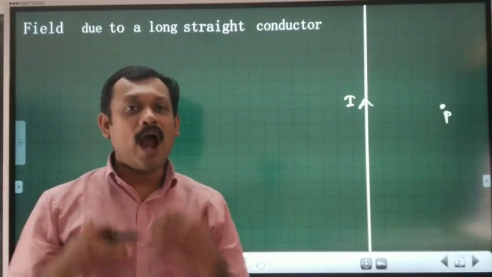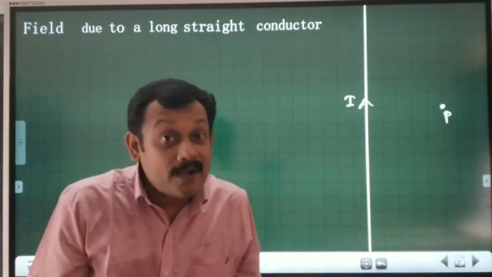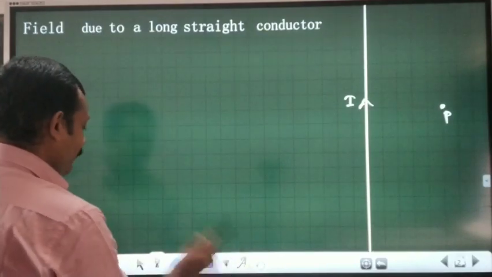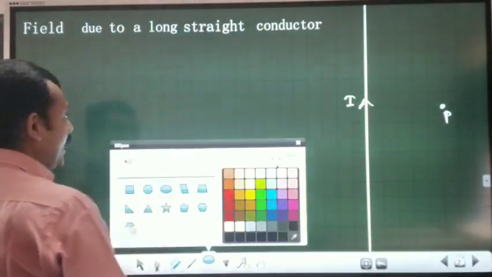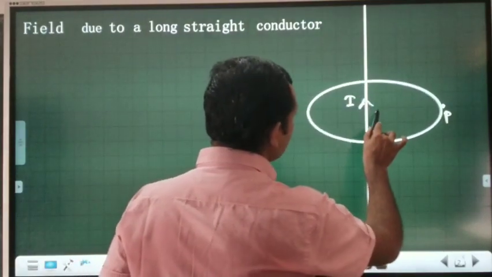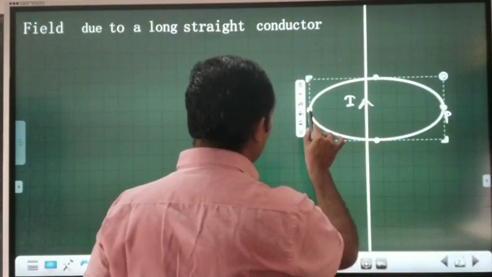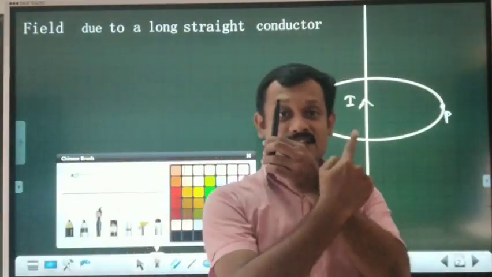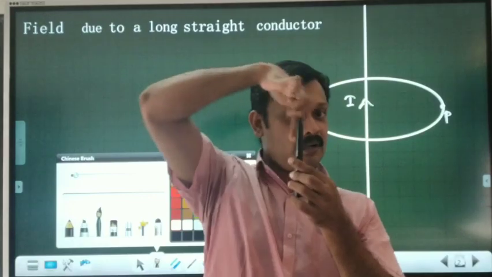The step 1 is to identify a symmetrical loop which encloses this conductor. So I'm going to take a circular loop such that it is symmetrical. Why am I taking a circle? Because the circle will enclose this conductor. It is a loop.